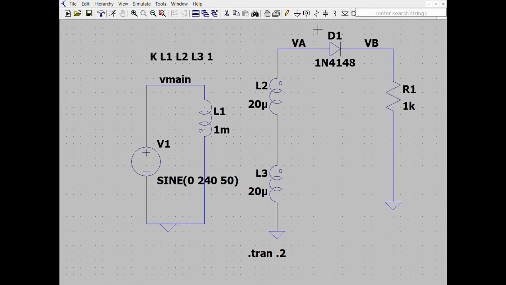So here's the half-wave rectifier circuit. We can run the circuit.